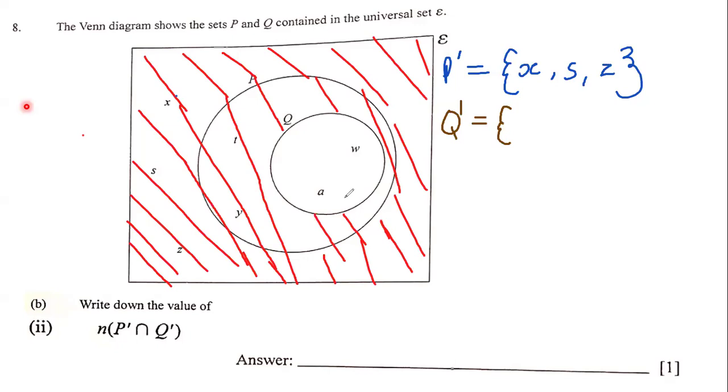So with that being said, what are the elements of Q? It's W and A, right? So we cannot include this. So class, what are going to be the elements of Q complement? Q complement is going to be what?